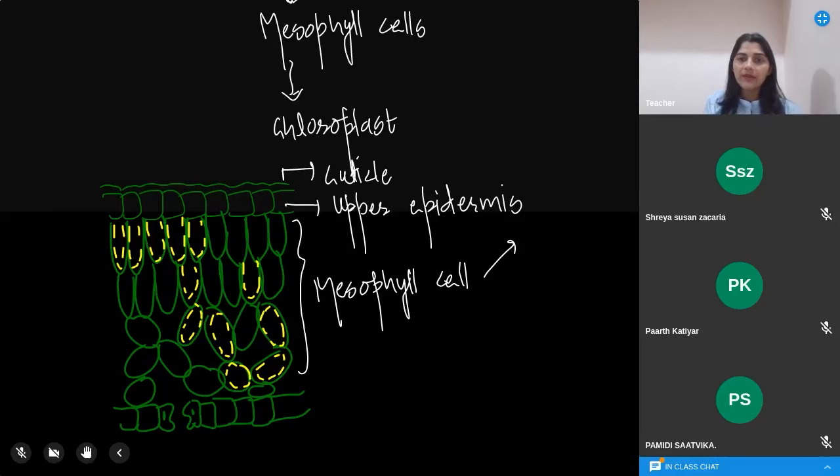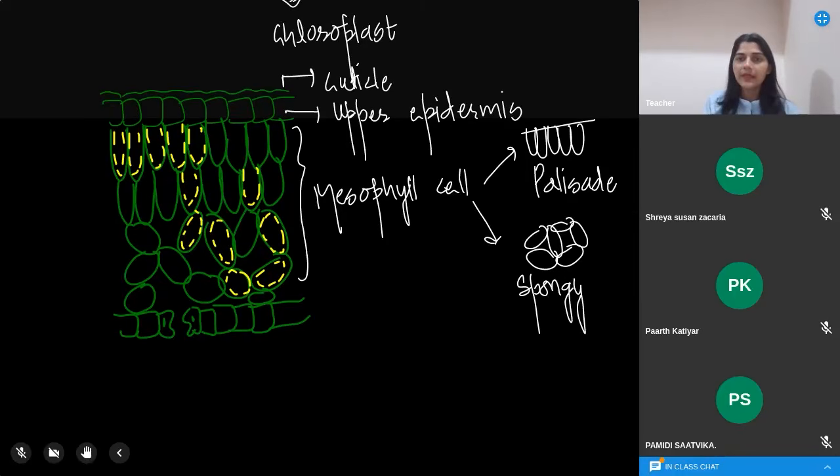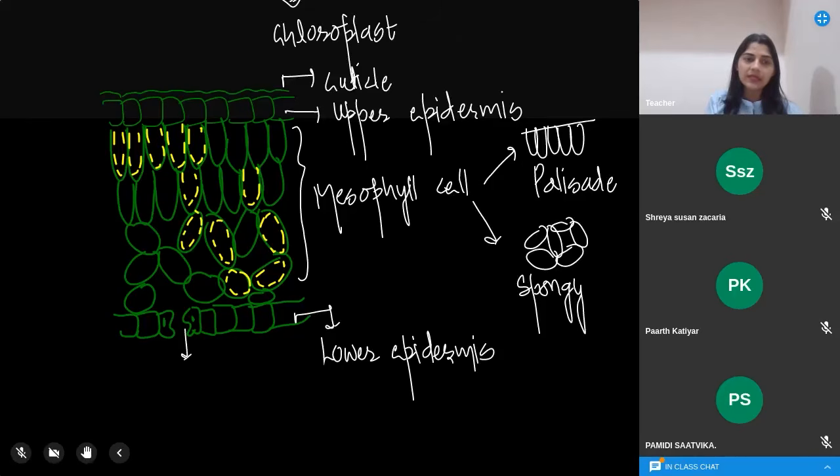The ones which are elongated are the palisade mesophyll. And the second one which have gaps in between them are the spongy mesophyll. Sponge like. Understood? Then this is the lower epidermis, and this lower epidermis is the one which will be having this. This is the stomatal pore.